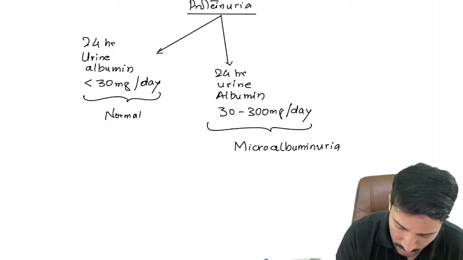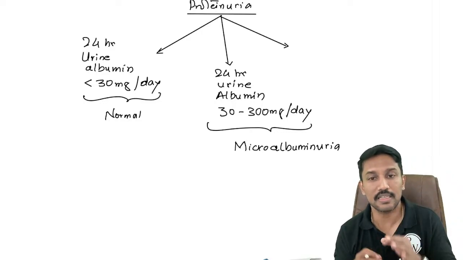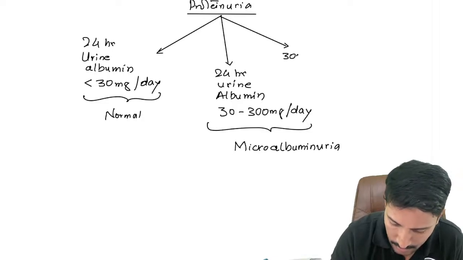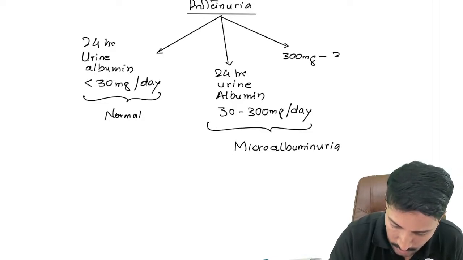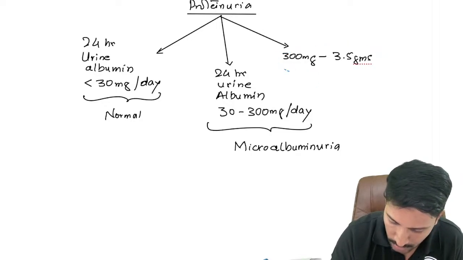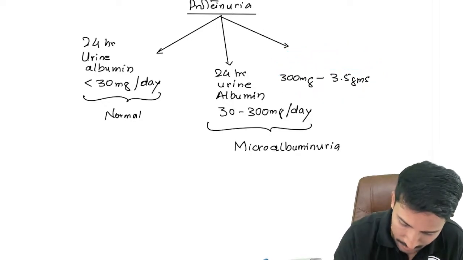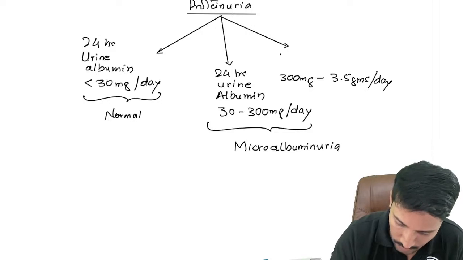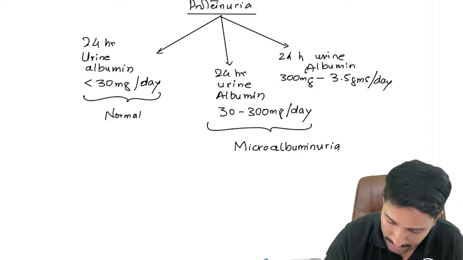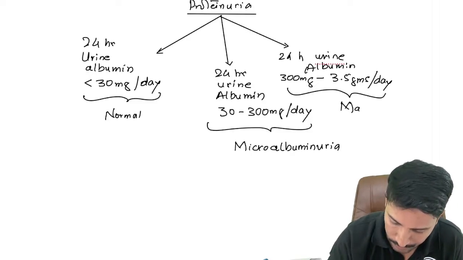And if it is more than 300 but less than 3500 milligrams, that is 3.5 grams, meaning 300 milligrams to 3.5 grams per day of 24-hour urine albumin, we will call it macroalbuminuria.